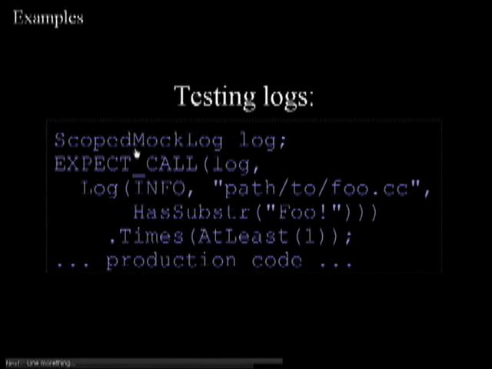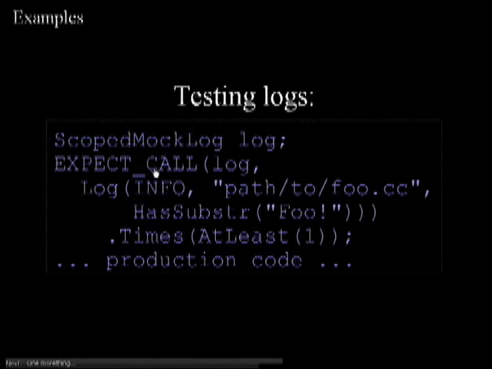What this class does is that in its constructor, it tells the log system, from this point on, whenever you see a message being logged, please send me a copy, because I want to intercept it and verify it. And in the destructor of this class, it tells the log system, from this point on, don't bother sending me any of those messages, because I'm dying.